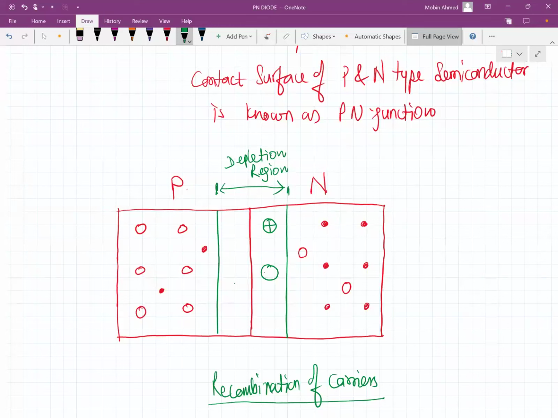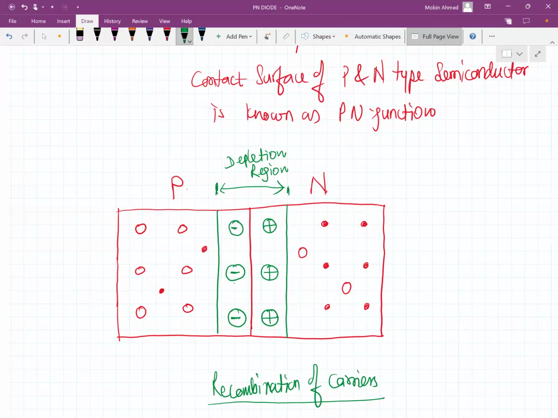So only the positive ion is going to remain here because it has lost one electron. And the boron that has accepted an electron is going to have a negative charge. So positive charge will develop here and negative charge is going to develop here.